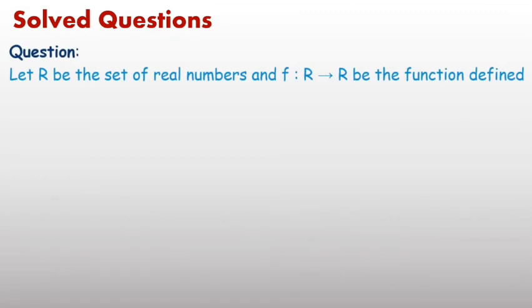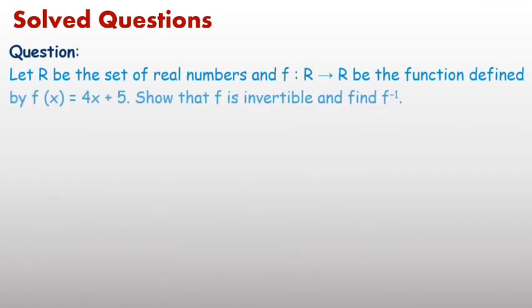Second question. f is a function from R to R, real numbers, such that f(x) equals 4x plus 5. First, you have to show it is an invertible function, and after that you have to find f inverse.